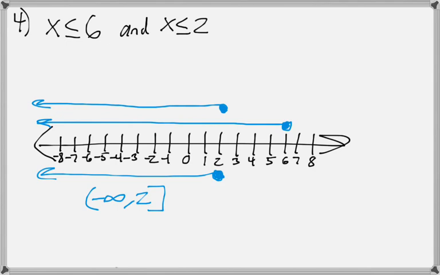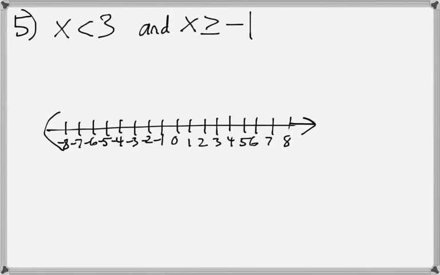If we turn the page, looking at 5, we have x is less than 3 and x is greater than or equal to negative 1. So less than 3, that's going to be here and to the left. And then x is greater than or equal to negative 1.